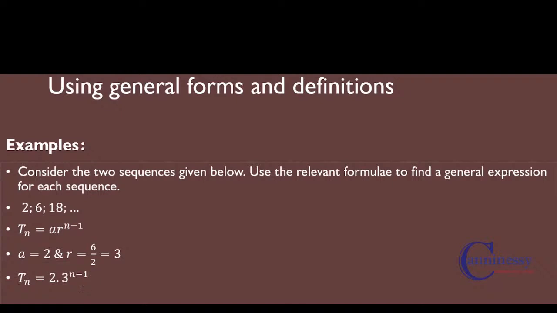So this is the general term of this geometric sequence.